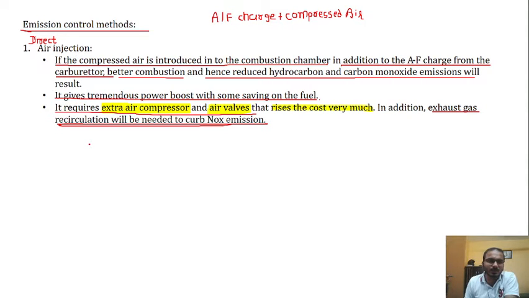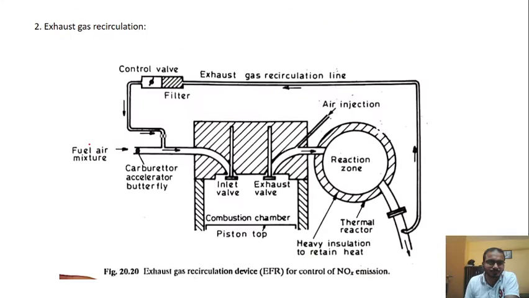Now let's move forward with our next theory, that is exhaust gas recirculation. First of all, by name itself, the meaning is that we are going to recirculate the exhaust gas.